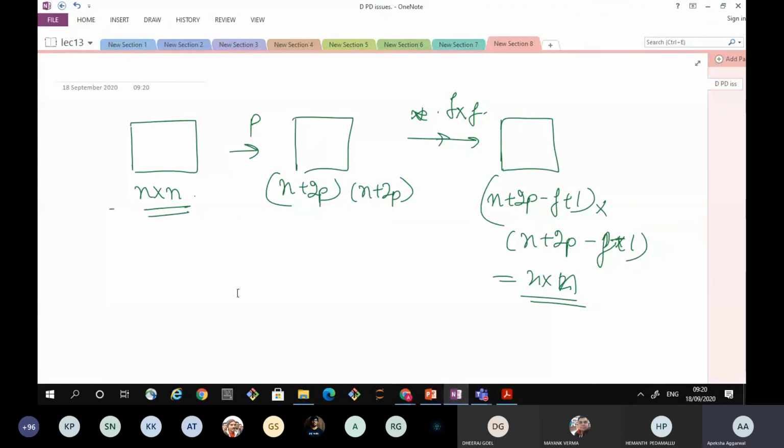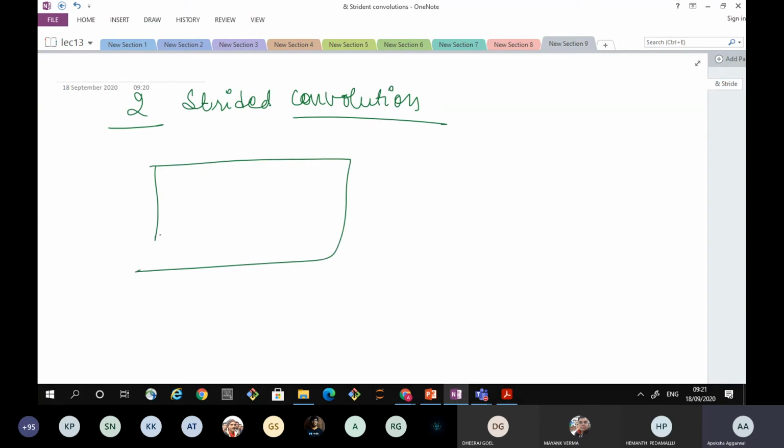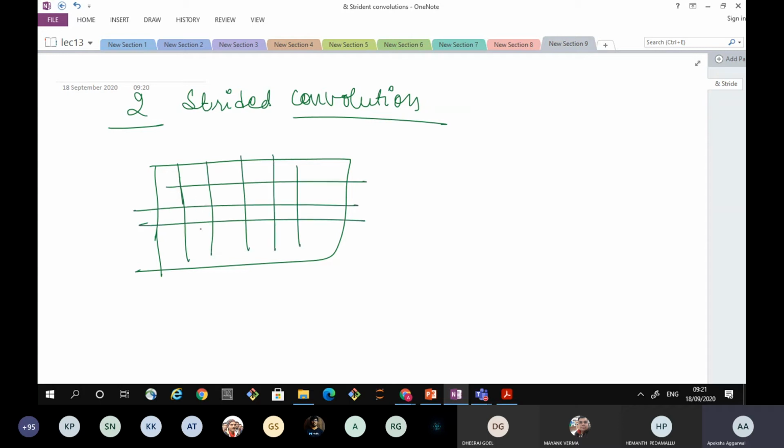Okay. Now after this padding, there is one more operation. The first was padding, the second is strided convolution. Striding means how I move my filter. Let's say I had a 3 cross 3 filter. My first position would be this. My second position is decided by how much I slide my filter.